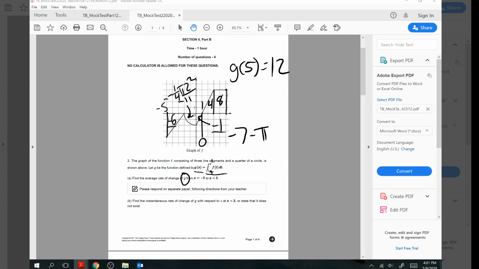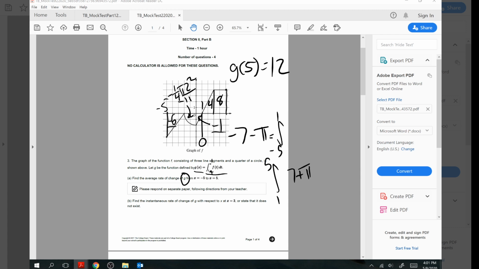However, our integral is from 1 to -5, not from -5 to 1. This would be the integral from -5 to 1, but we have the integral from 1 to -5. We flip the bounds, so if I want that, I have to flip both of these and get 7 plus pi.